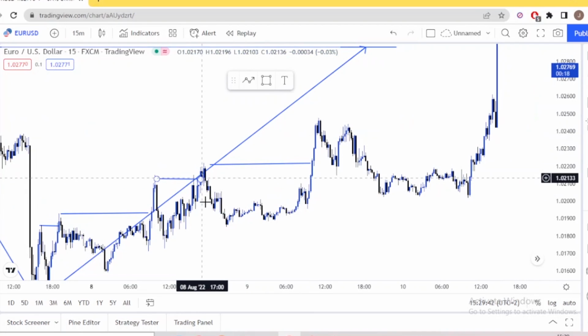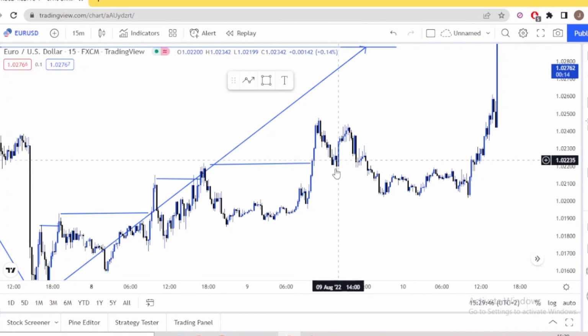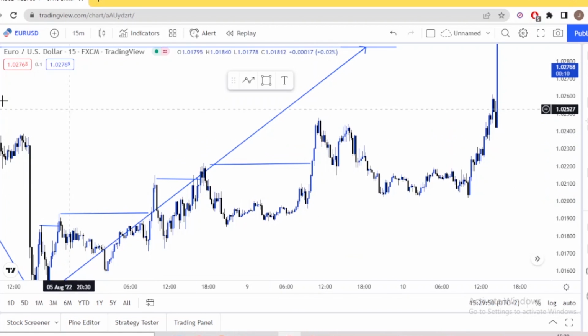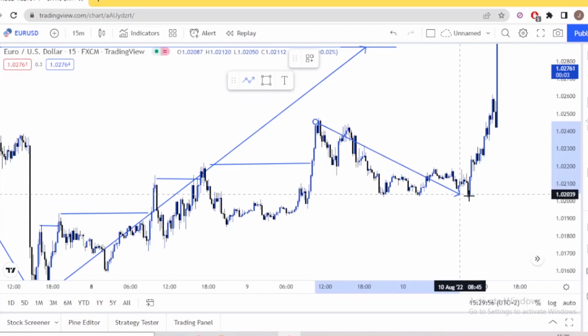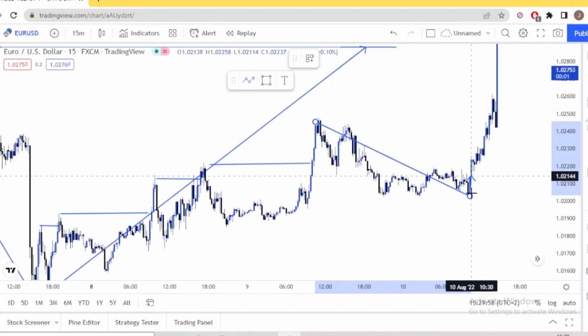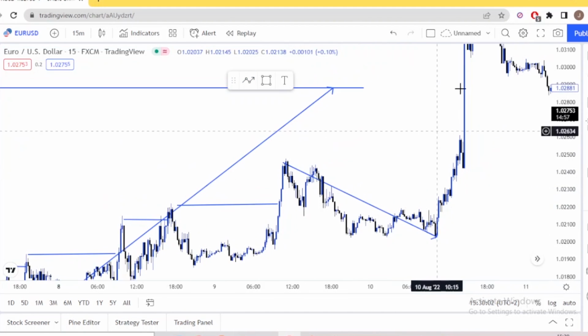The market did what? A retracement into this candle, started pushing up, and then a retracement again into this candle, started pushing up. So here was the retracement, and then we started going up. This was before the news.